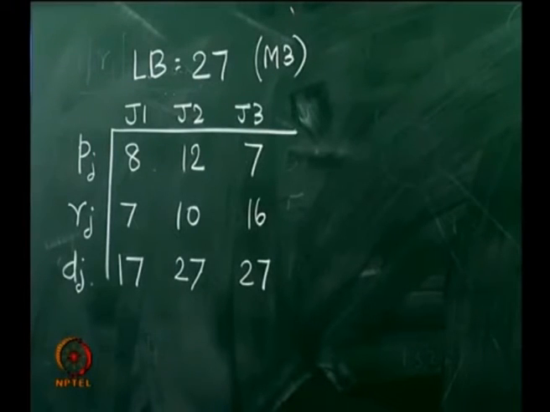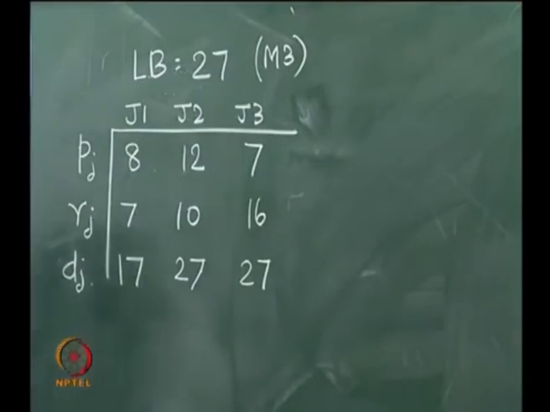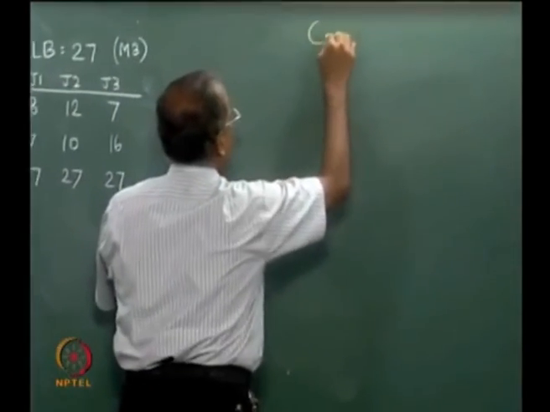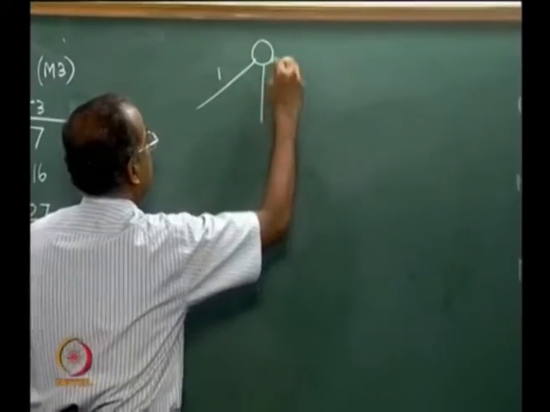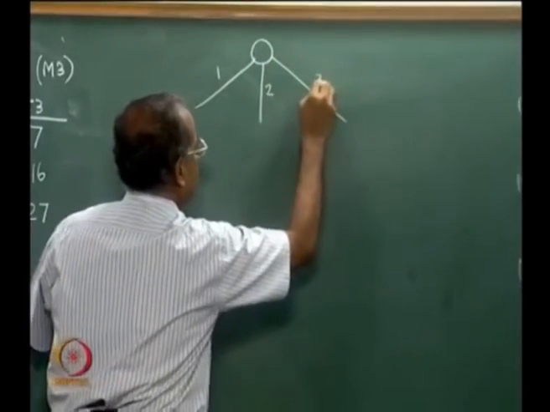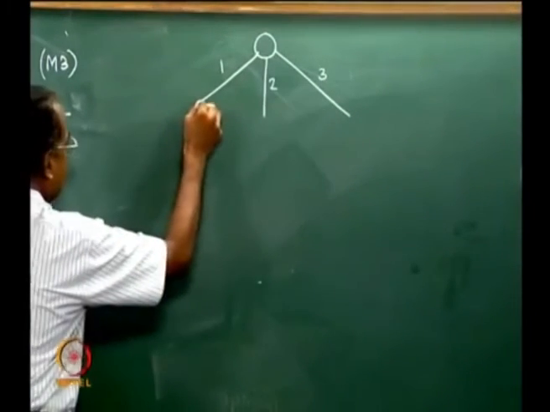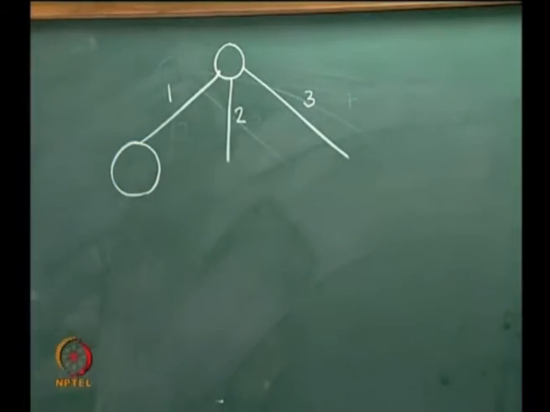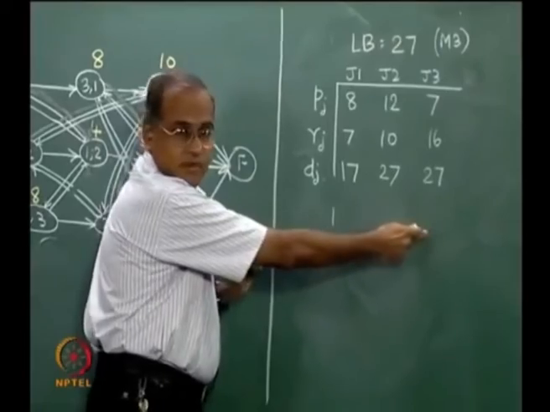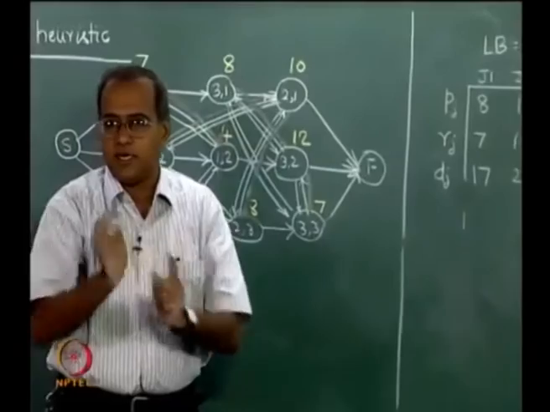So, let us show the computation of 1|rj|Lmax considering these 3 jobs on M3. We again start the branch and bound tree by saying job 1 is the first one, job 2 is the first one and job 3 is the first job. Let us try and find out the Lmax for this. So, this will be 1 x x, but based on due dates it can be 1 2 3 or 1 3 2.